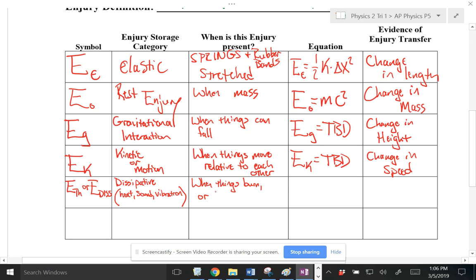Melting is a change of state. Okay, I guess I should throw that over here, right? Change of state or change of temperature. Okay, that would be E_dis.